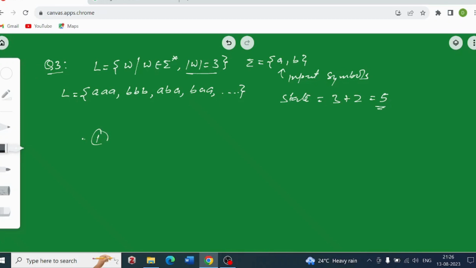Suppose this is state number 1, this is state number 2, this is state number 3, this is state number 4, and this is state number 5. The very first state would be the initial state. The arrow connecting the first state with the second state will represent the first input symbol.